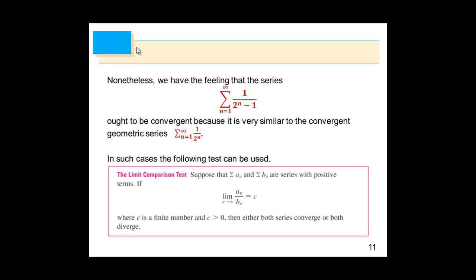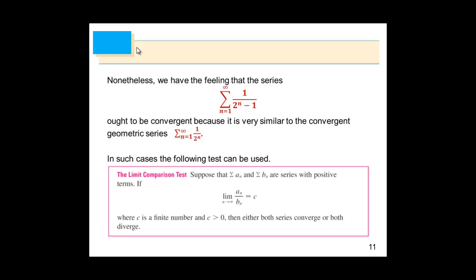However, remember we had an inequality that says 1 over 2 to the n plus 1 is less than 1 over 2 to the n, right? That inequality doesn't hold if I change this to a negative 1. In fact, it goes the other way now, right? Is that making sense?